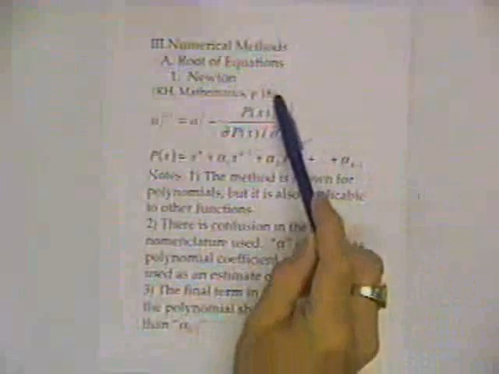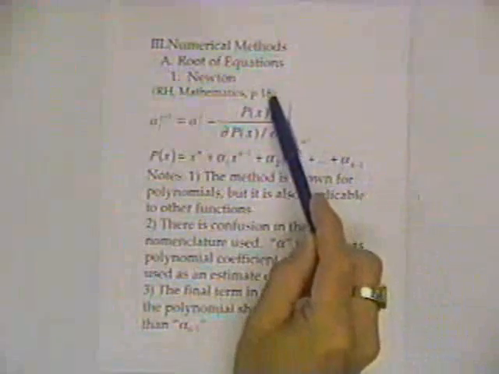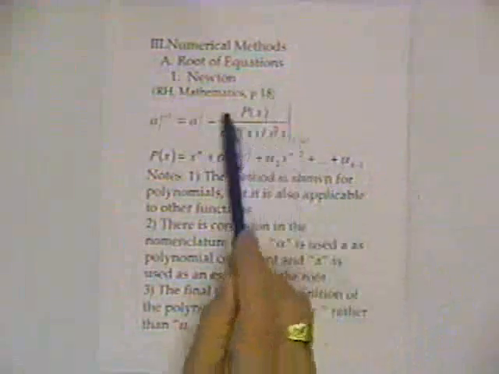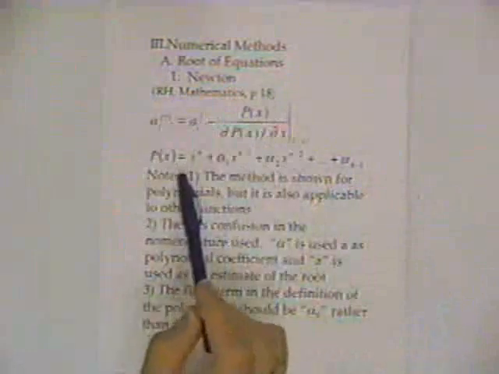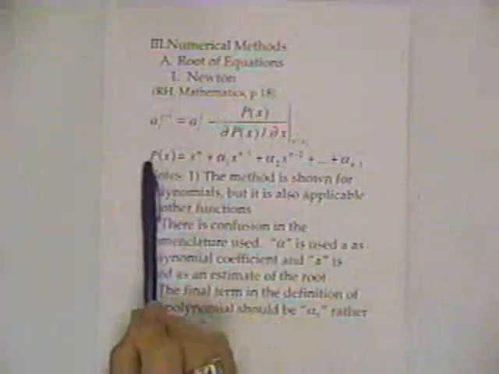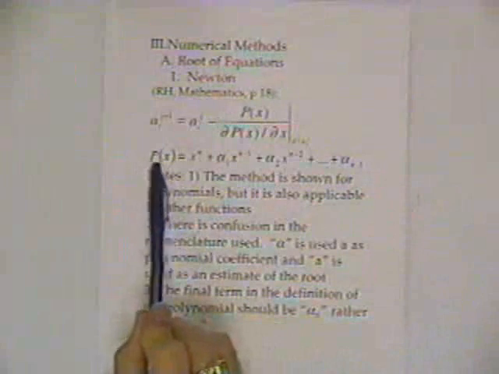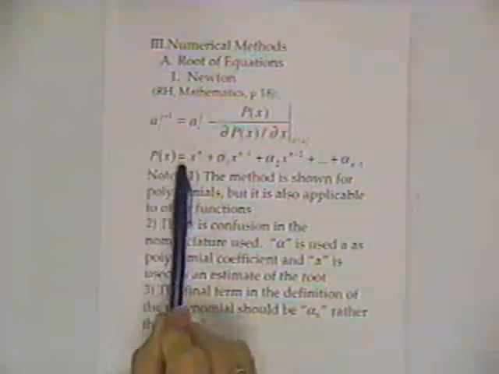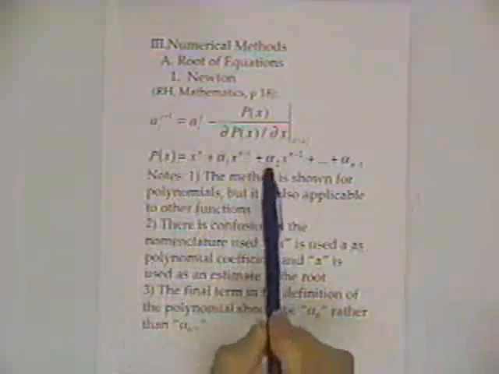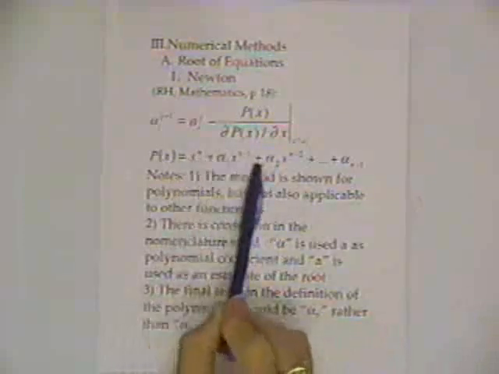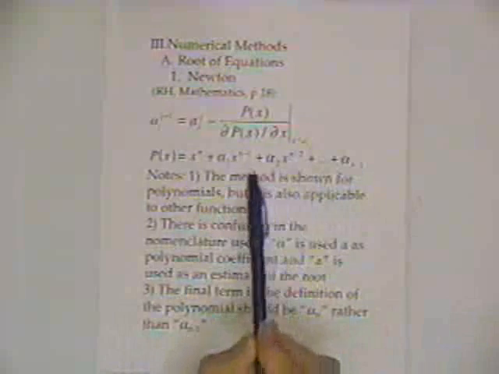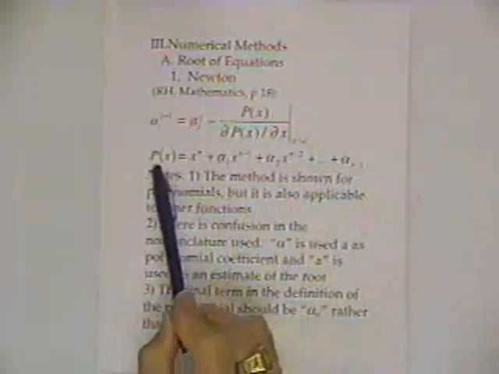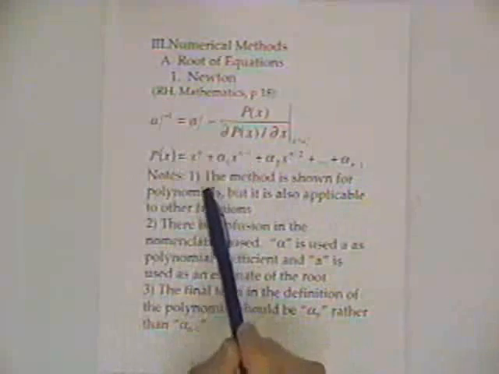The source of this is the reference handbook, the mathematics section on page 18, and the way it's presented is as shown here. What you're trying to do is find the root of an equation represented by the symbol p of x, and the reference handbook shows it as a polynomial equation. Keep in mind that any equation of x could be solved using Newton method.